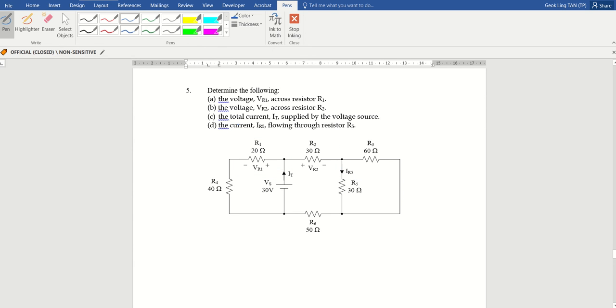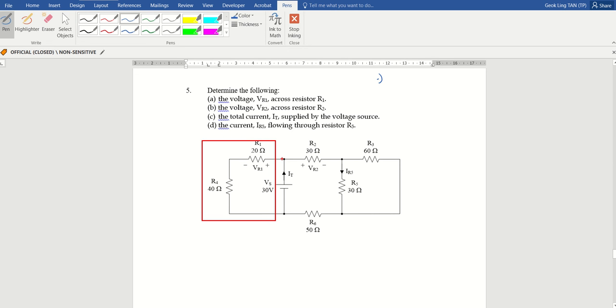So let's look at the first one, part A. Now you look at the circuit diagram here. R1 and R4 are in series.